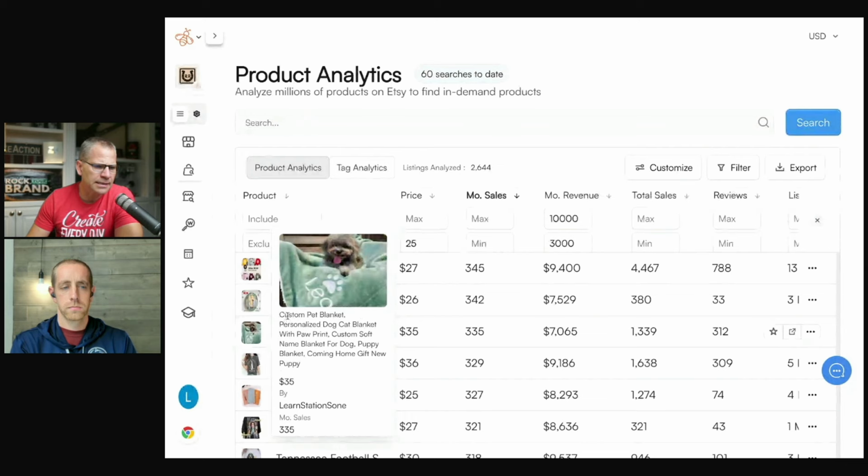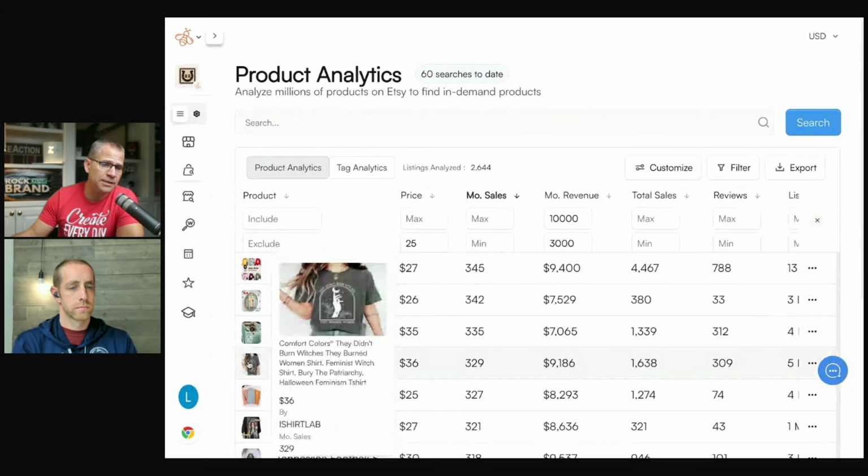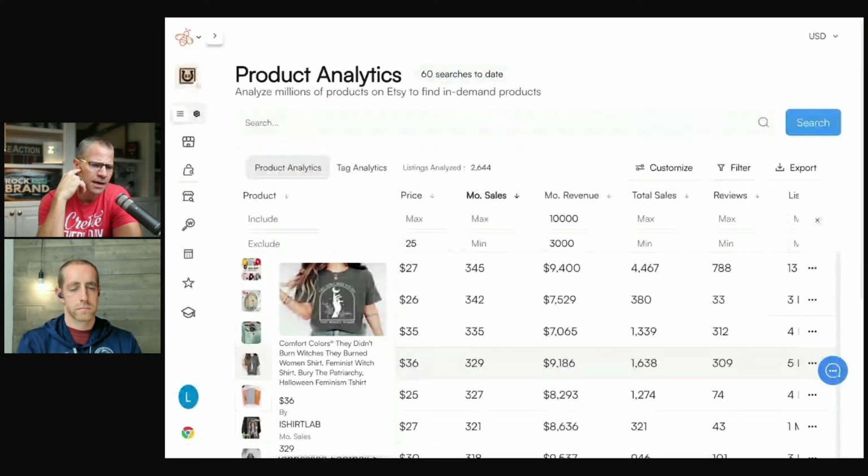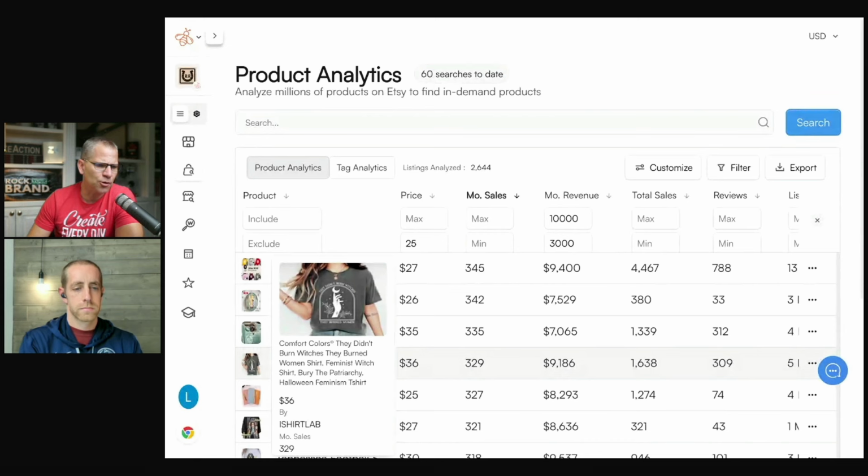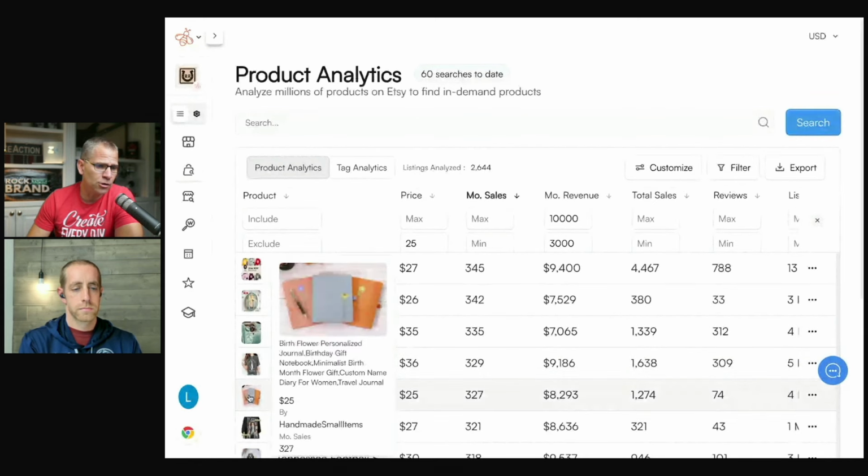This is, let's see, they didn't burn witches. This is probably a spin. I'm thinking maybe not. No, probably not. This is probably just a witchy type shirt. I was thinking that because the new movie Wicked is out. I thought I saw one that someone was creating a Wicked shirt, which you don't want to do, by the way. Then you have a birth flower personalized journal.